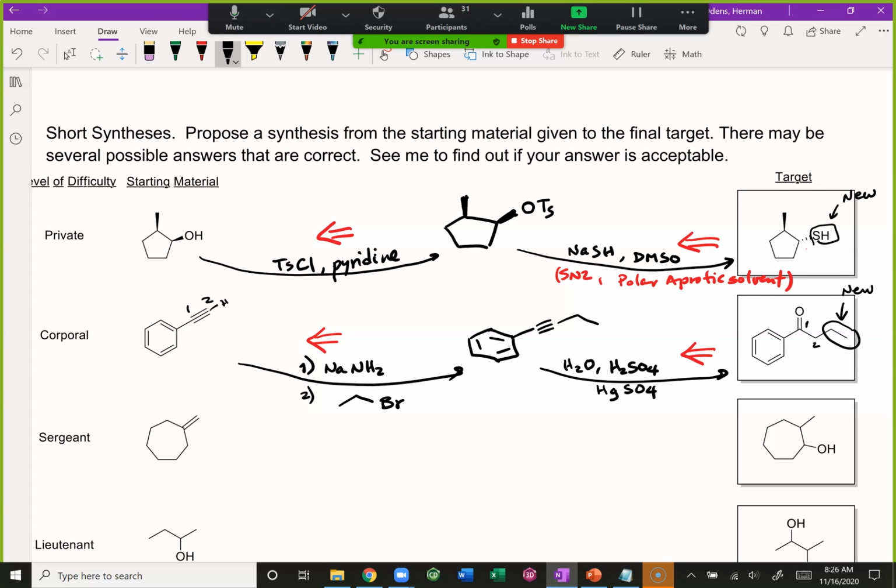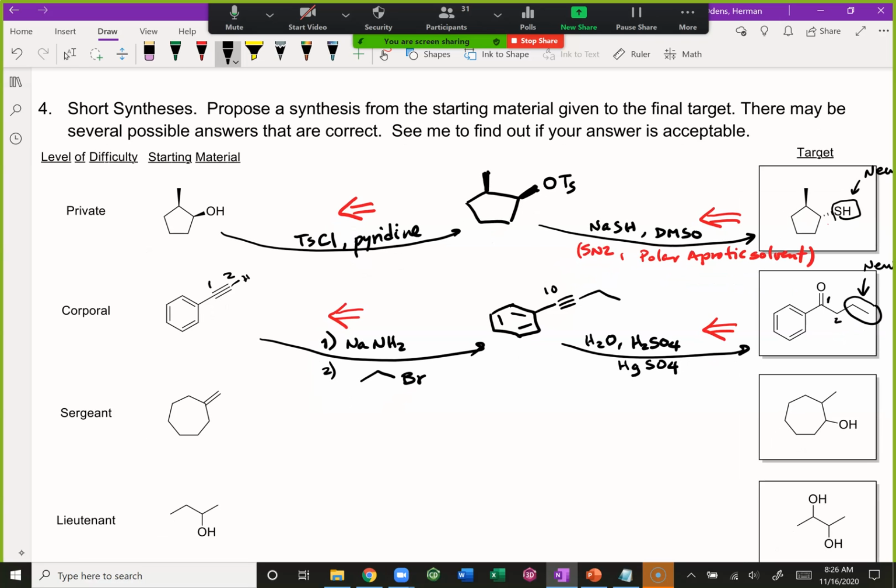So that will put the OH here, the H here, the OH in the most substituted carbon. So you will have an intermediate that is the enol, like that, and then that rearranges to the ketone.